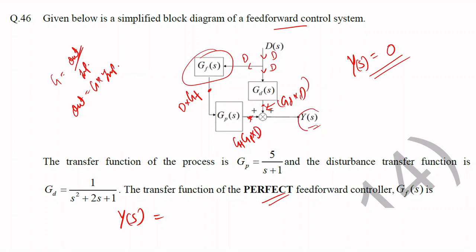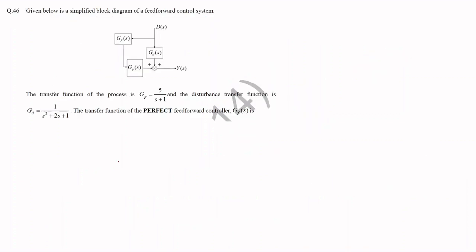That is, we can write this y of s as the summation of both of these values, that is Gd into D plus Gf Gp into D. So let's write it as Gf Gp D plus Gd D. All of this will be in the s domain.